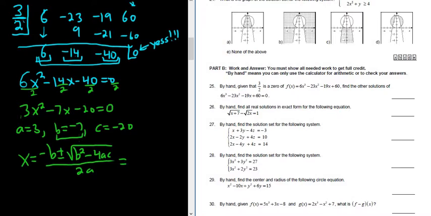So b is negative 7, so negative and negative is positive, so we get 7 plus or minus the square root of, when you square the negative 7, you get 49.